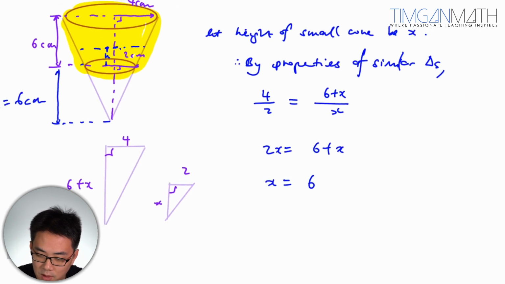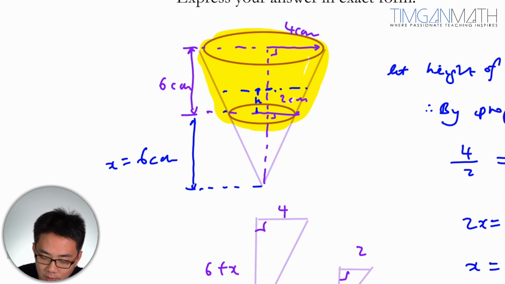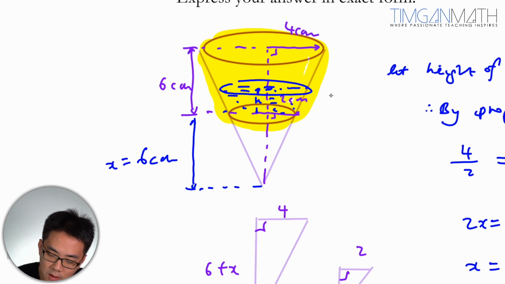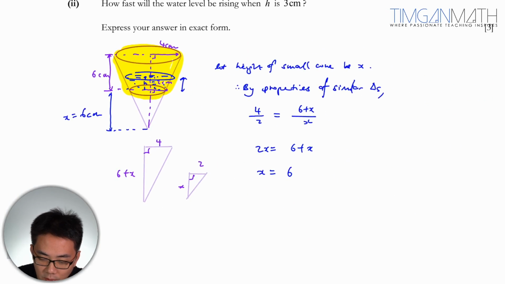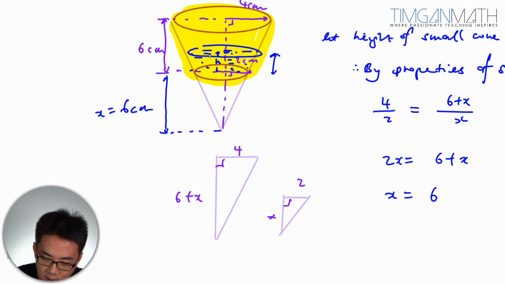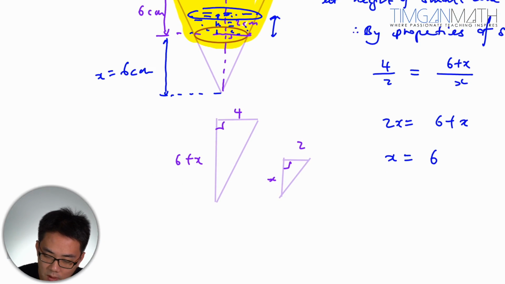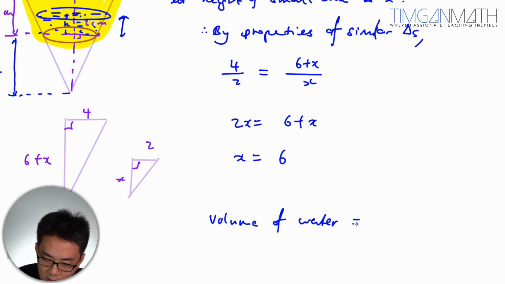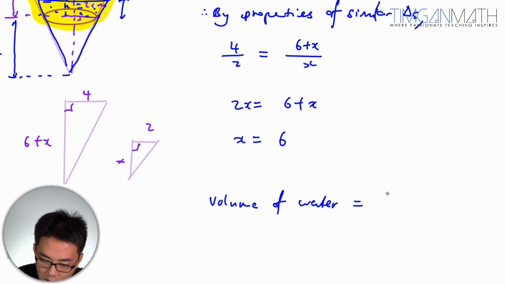Okay, great. So then after which what we're gonna do is actually find the volume of the water. What I'm gonna do is take the big cone, which is actually this cone outside here, minus the small cone.